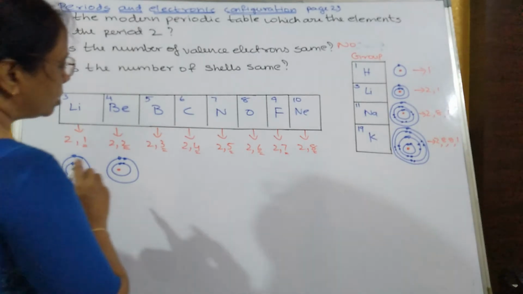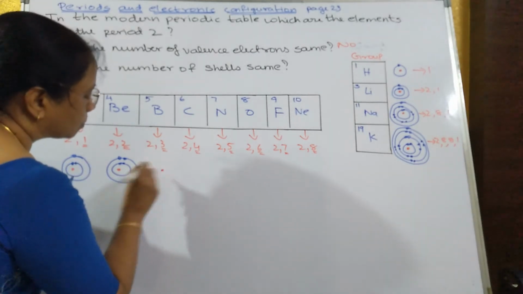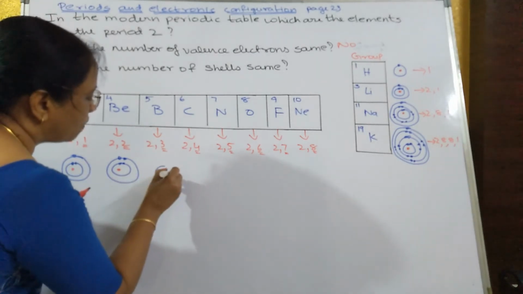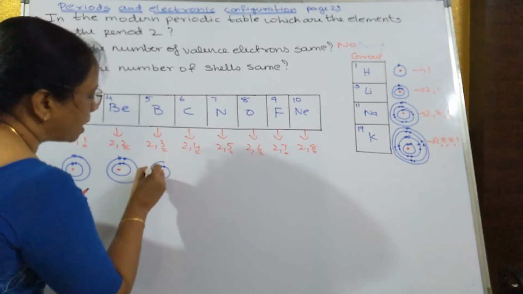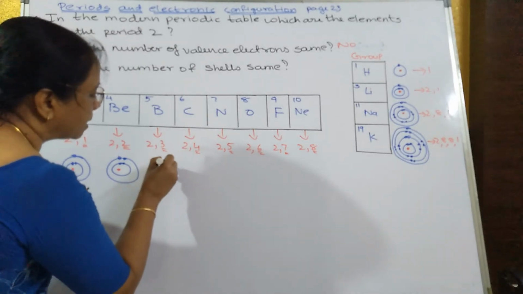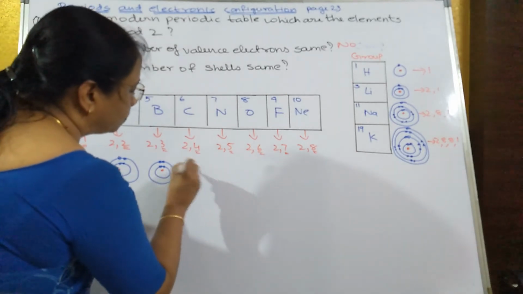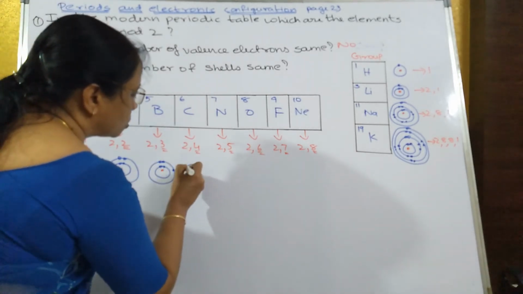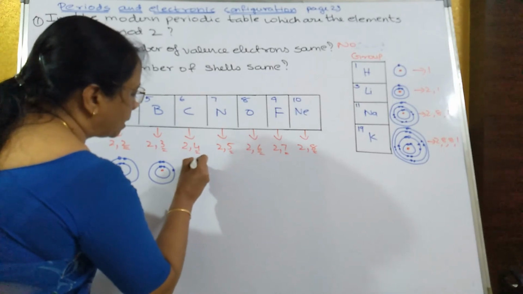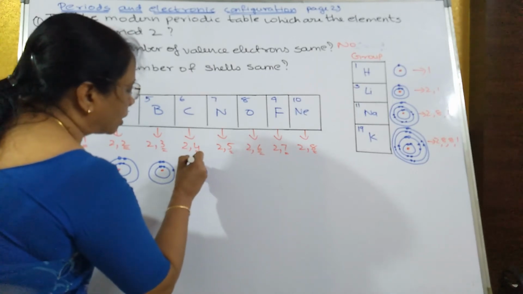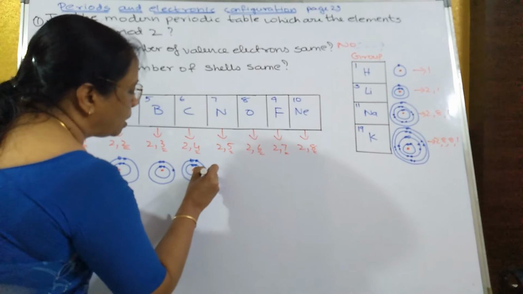Now next one, 2, 3. In the first shell 2 electrons, and the remaining 3 electrons are there in the next shell. Now next one, 2, 4. In the first shell 2 electrons are there, and in the next shell 4 electrons are there. 1, 2, 3 and 4.